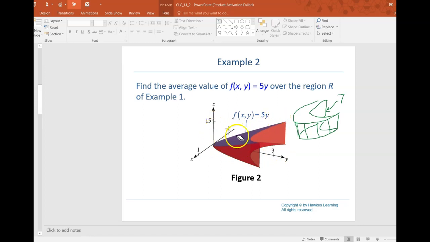So it's down at 0 here, but it goes all the way up to 15 here. So it's got higher volume on the upper end and lower volume on the end closer to the origin. These volumes would be the same. So that's a visual of what we just found with the work in that problem.